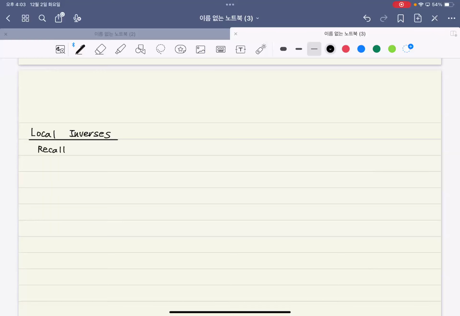We have to remember that if I have a function from R2 to R2, and this is the matrix derivative, the matrix derivative at a point, so this is a 2 by 2 matrix, right? This is non-singular.